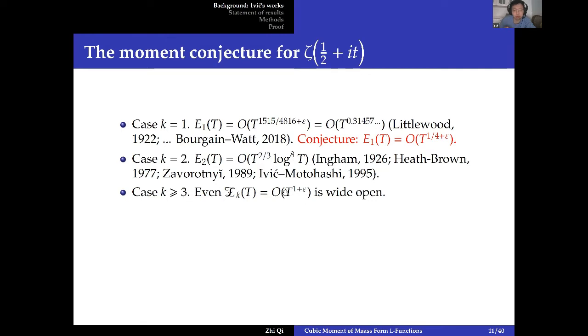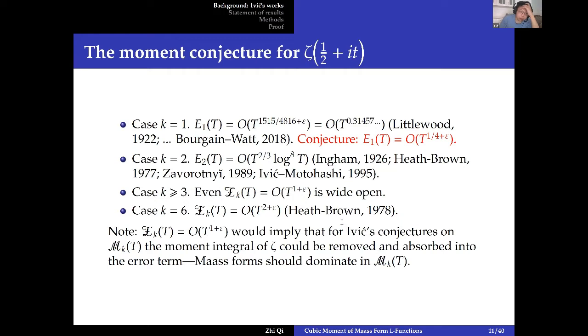So this is T to the 1 plus epsilon. This is a very simple consequence of the asymptotics, right? And currently, the only known result for the higher degree case is k equal to 6, and Heath-Brown proved that in this case the upper bound is T squared.